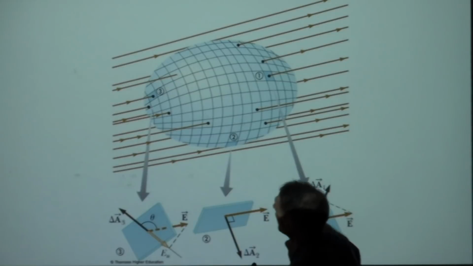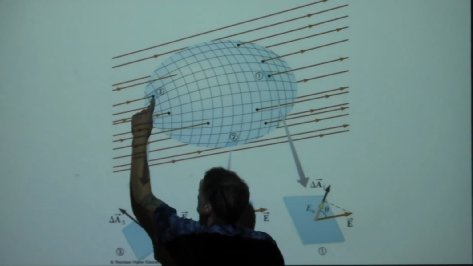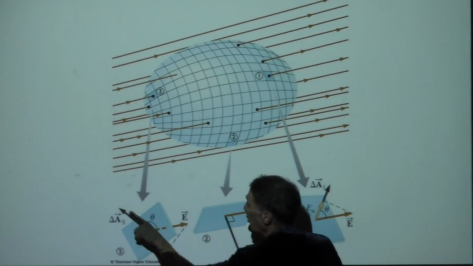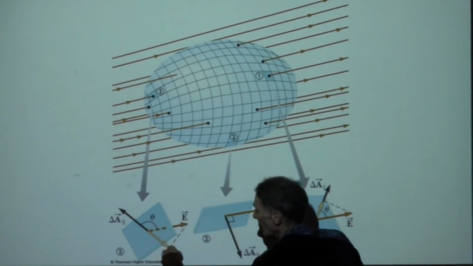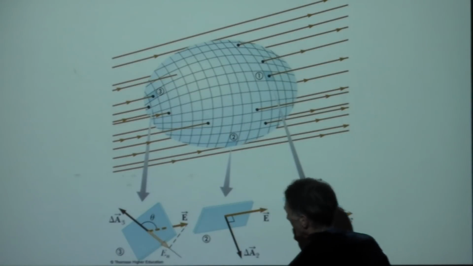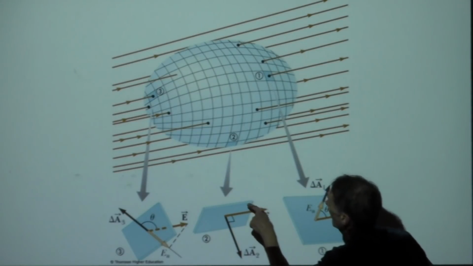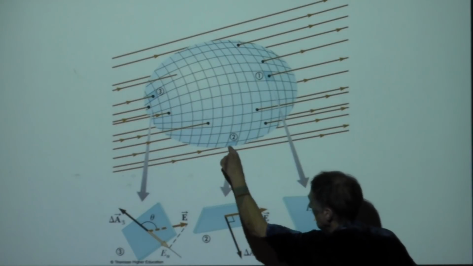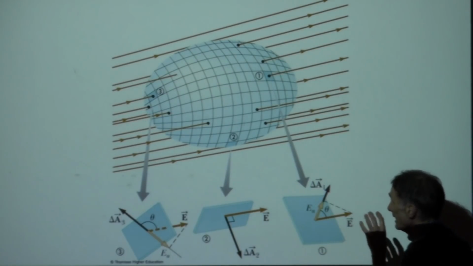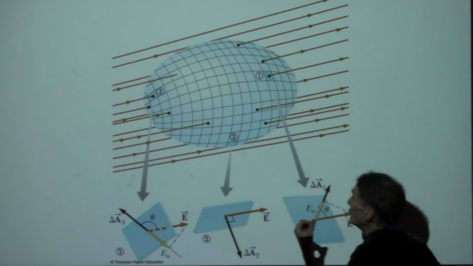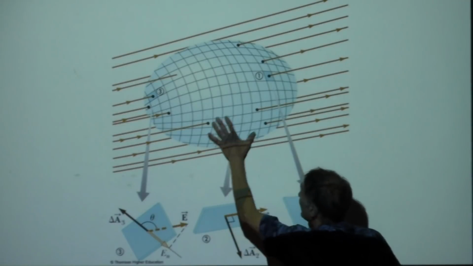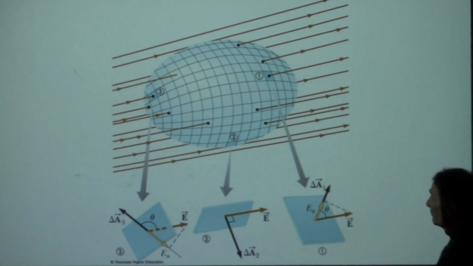Okay, so if we look at the flux, let's say, through a small patch here, the area vector is pointing out that way. The electric field's coming in. And for any of these various patches, we basically take this property and do this dot product of the electric field and these little area vectors to get the flux through this surface.